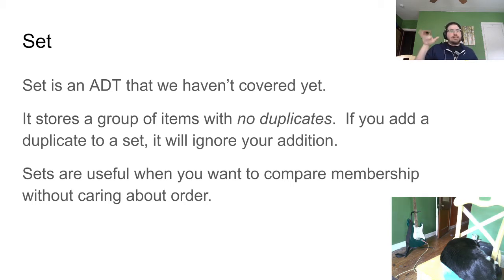We talk about data structures, which is how we implement a particular storage method. And then we have an abstract data type, which is an advertised set of features for a data structure. So, for instance, a stack is an abstract data type.